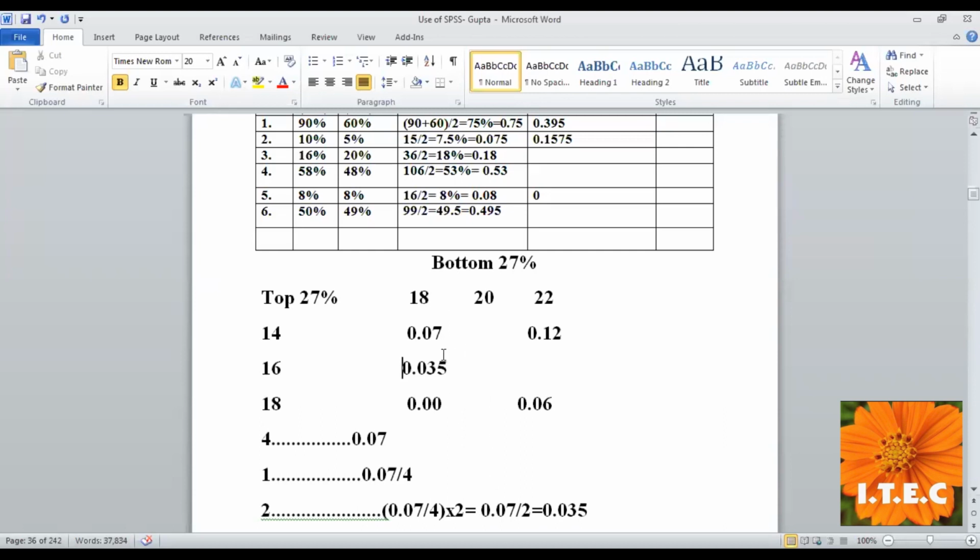Why? Because it is decreasing. So you can subtract 0.035 from 0.07.